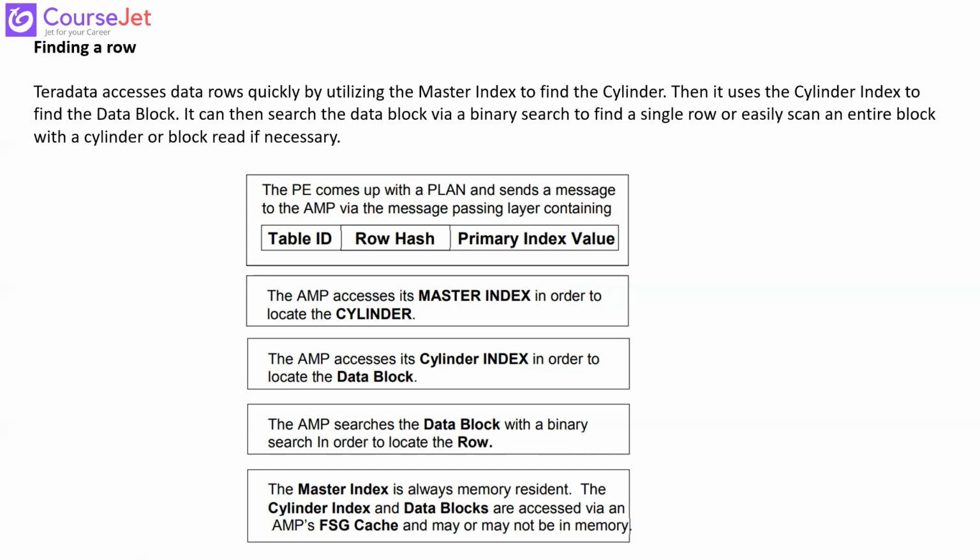The master index is always memory resident. The cylinder index and data blocks are accessed via the AMP's FSG cache. Whenever the system boots, the master index will be loaded into memory, and the cylinder index and data blocks are stored in the cache memory.